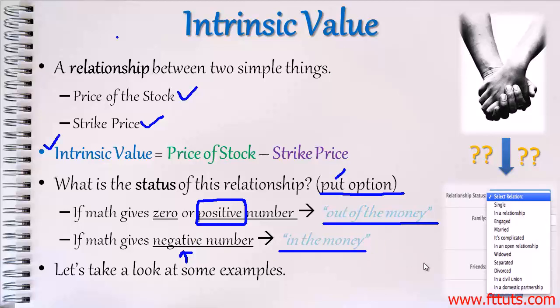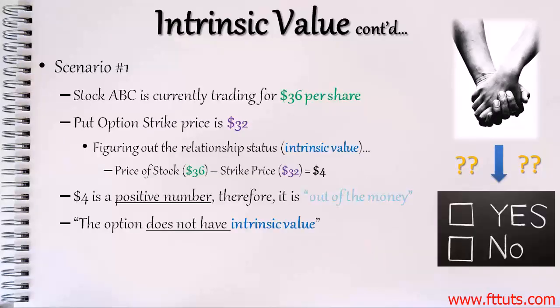So let's look at some examples. These examples should look very similar because they are the exact numbers, but let's see how things play out. Back to scenario 1, we have stock ABC currently trading for $36 per share. We have a put option with a strike price of $32.